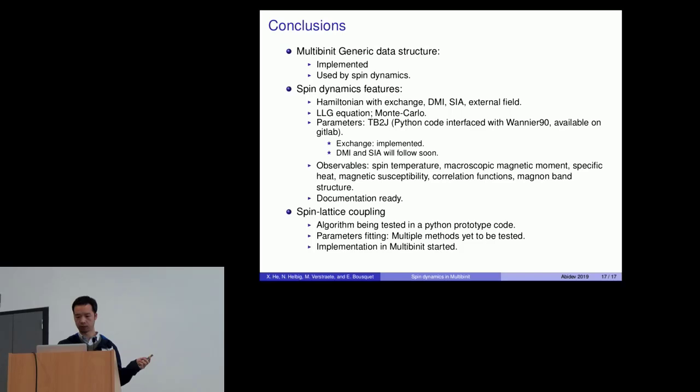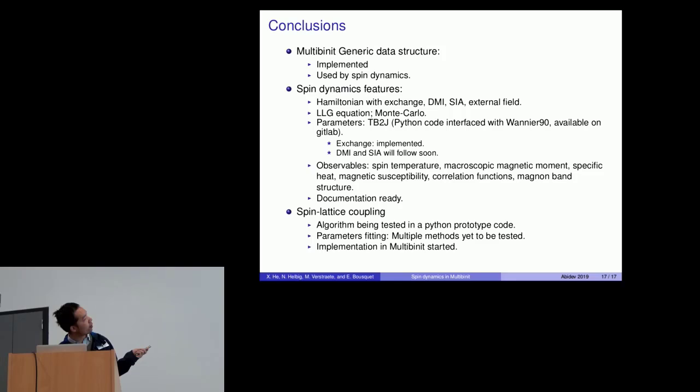To summarize, we implemented the generic data structure for MULTIBINIT. It is already used in spin dynamics and is pure Fortran 2003. We have implemented the spin dynamics, with exchange, DMI, single-ion anisotropy, and external field.